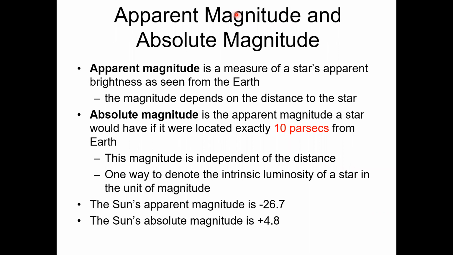But as you know, how bright or how faint a star is depends on how far it is. A nearer star looks brighter, and a farther away star looks much dimmer. So with this variable, the distance, it's very hard to compare stars in terms of brightness. So apparent and absolute come in in that scenario.